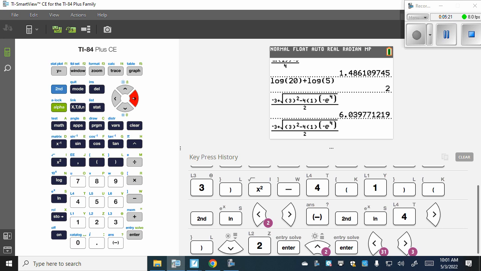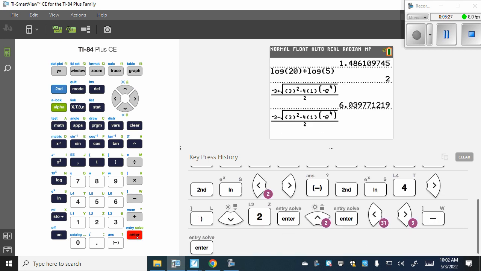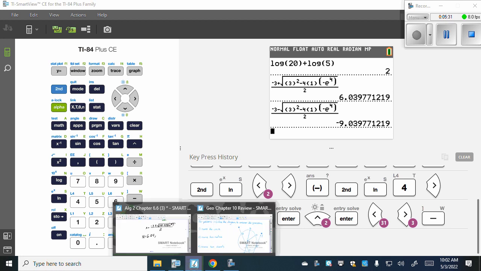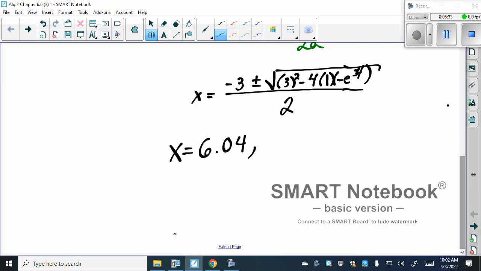Because the symbol in front of the square root is plus or minus. So we also have to do this with a minus, enter, negative 9.04. Is our other alternative, yes?